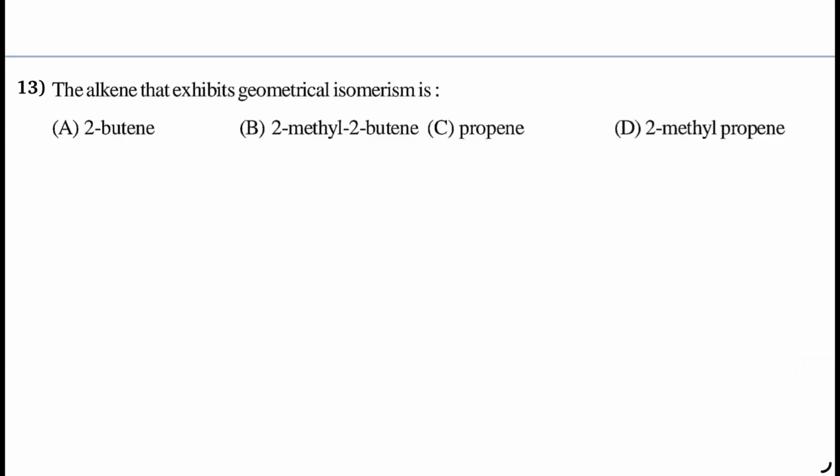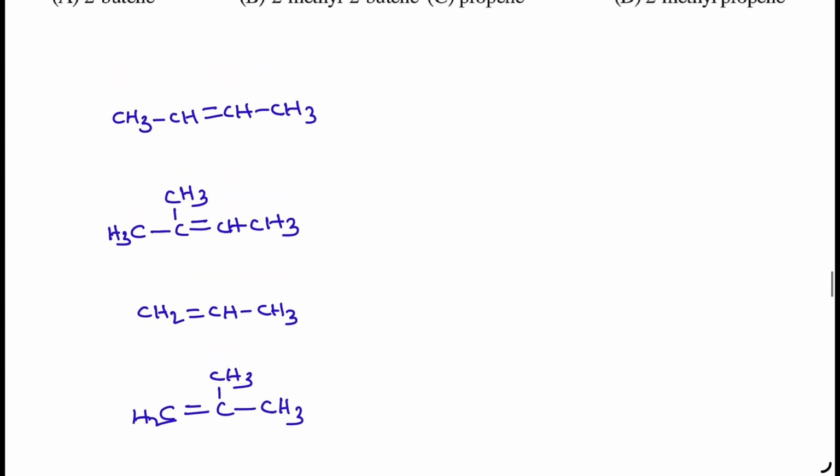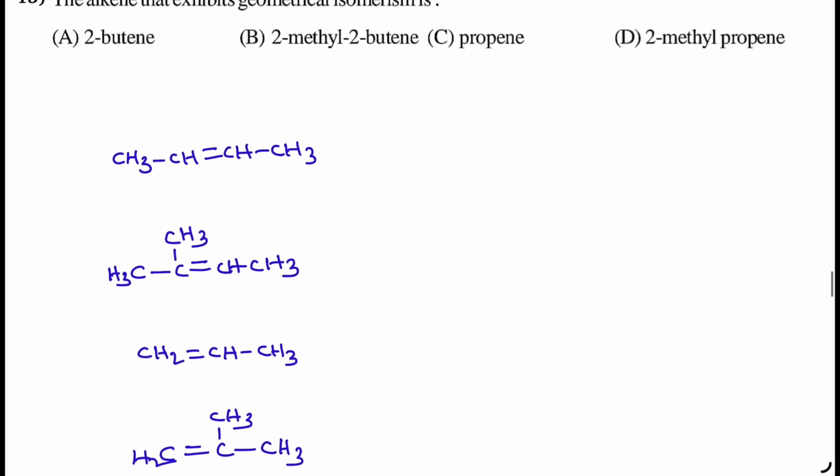Next, the alkene that exhibits geometrical isomerism. Here we check whether a geometrical center is present or not. In this example, this is a geometrical center. You can see hydrogen and methyl group, hydrogen and methyl group, an AB type of structure.